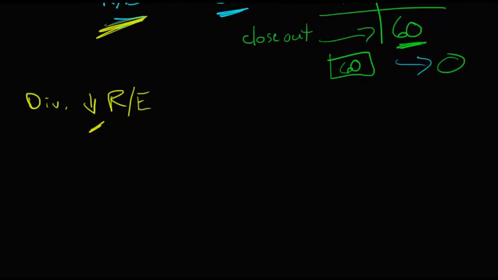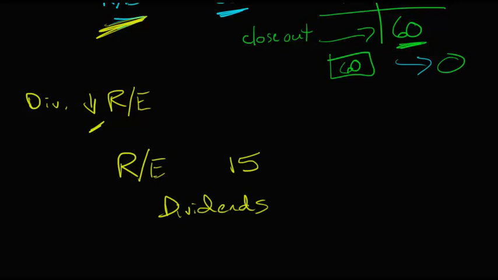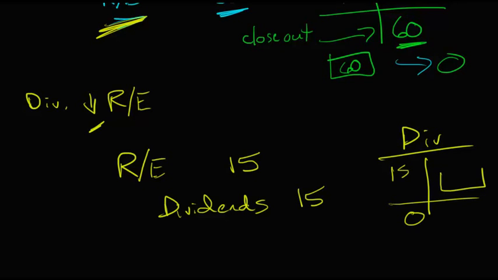So let's put our entry here. Retained earnings, we debit for 15. And then we're going to credit dividends. Because remember, dividends naturally has a debit balance. So by just crediting it, we zero it out, right? So let's say we had dividends over here. Here's our T account, and we were sitting at 15. And we're like, hey, how do we get this to be 0? Well, we credit it by 15. And that's what we're doing here. This is indented. This is a credit.